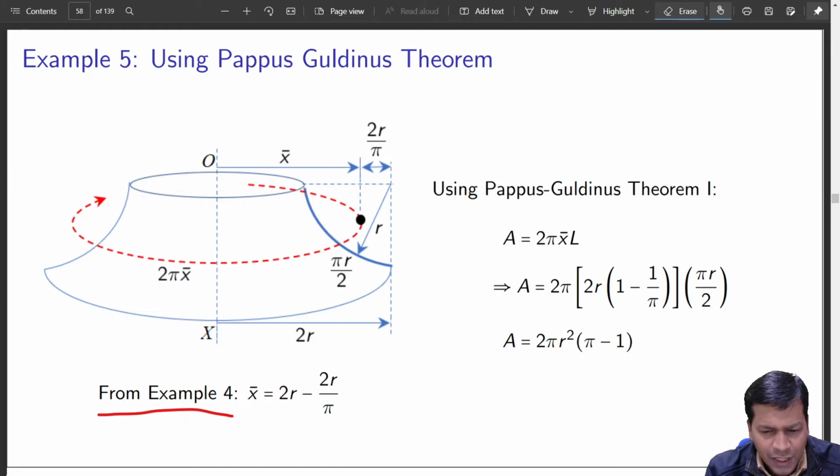It is r, this is your small r, that gives you the radius of this generating surface about a point which is at a distance 2r, this is given. Okay, 2r is given. And you created something like this. So this angle is again 90 degrees.